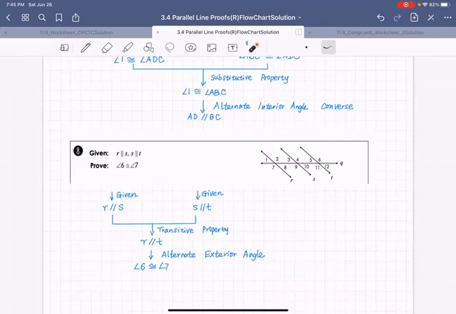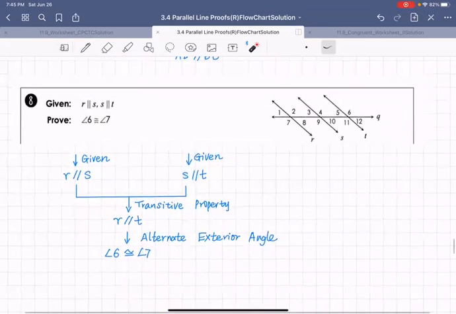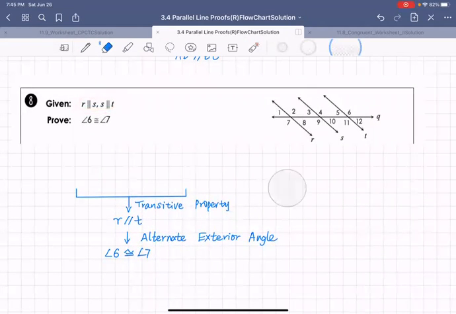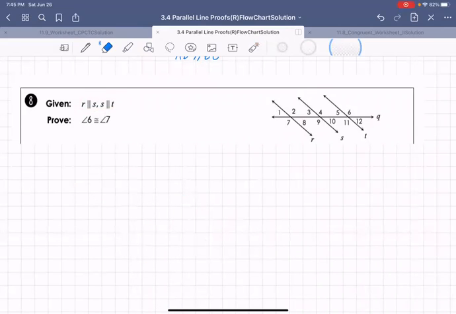Felix. Look at number 8. Go ahead, tell me what you want to do. R is parallel to S. Reason?